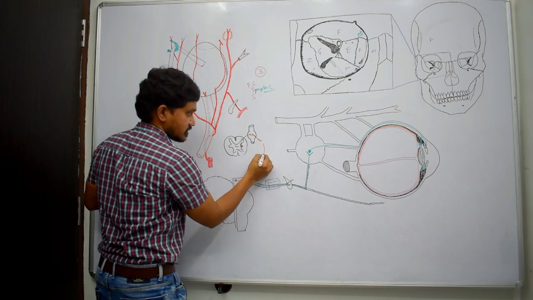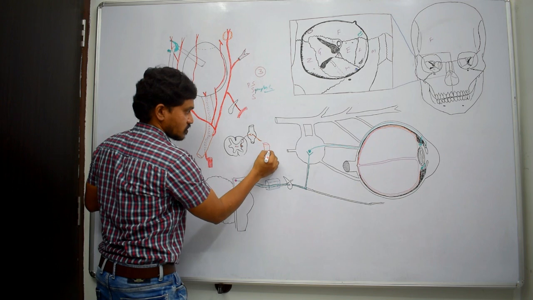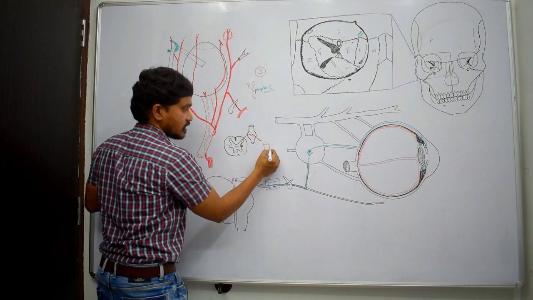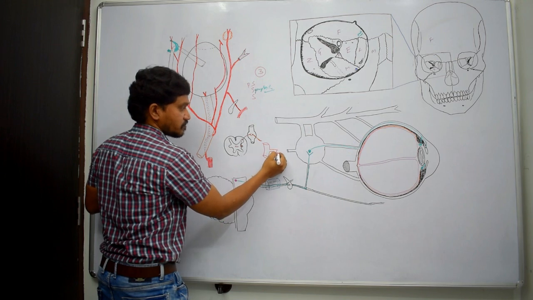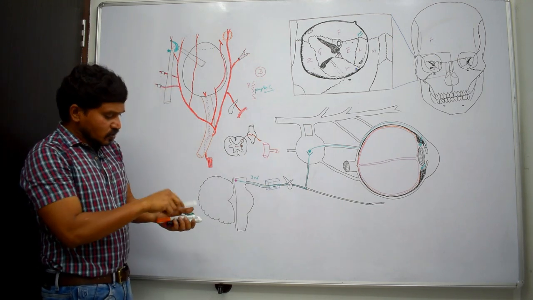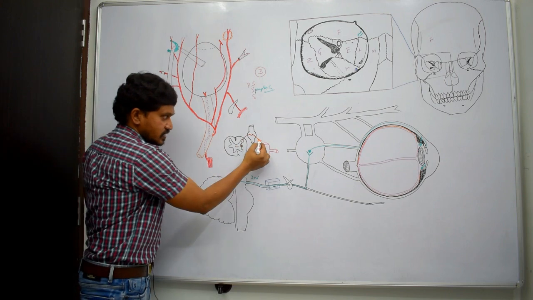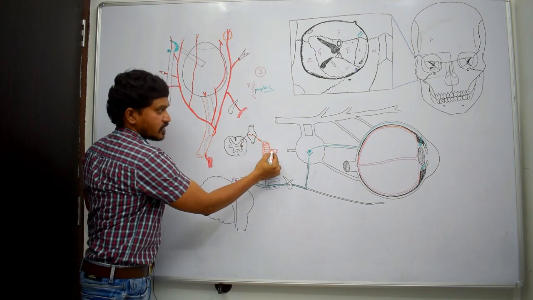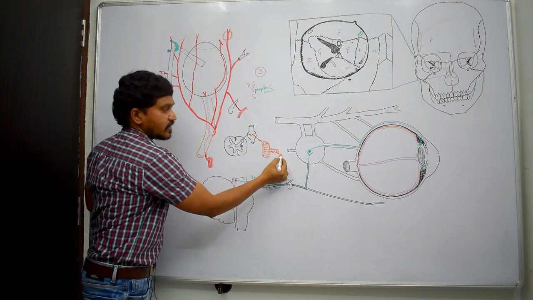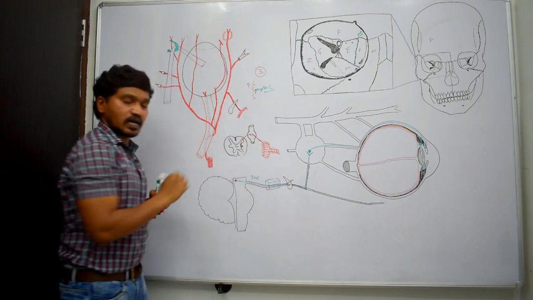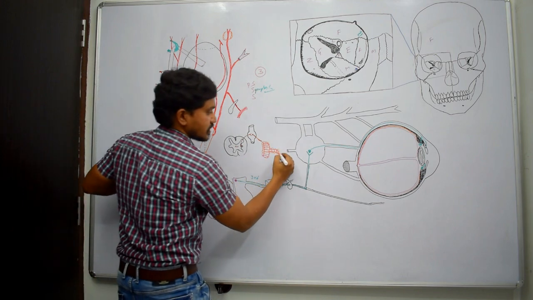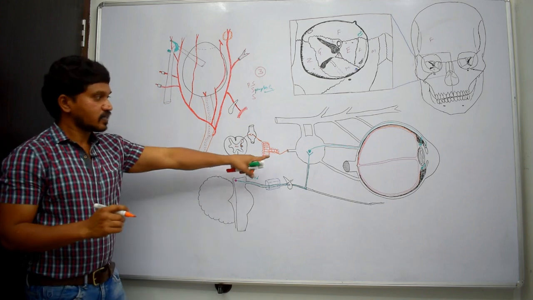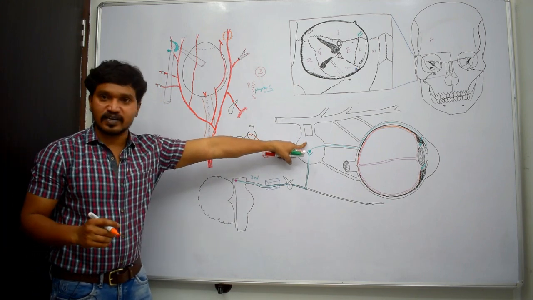Imagine this is the internal carotid artery, and here the ophthalmic artery. Clear? So these sympathetic nerves form a plexus around the internal carotid artery, then the ophthalmic artery, and these sympathetic nerves enter into where? They enter into the ciliary ganglion.